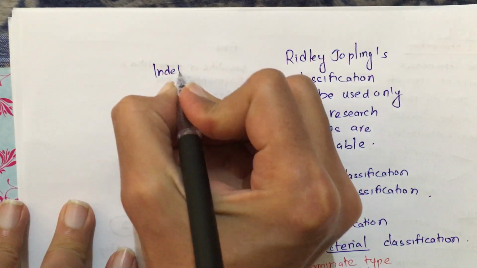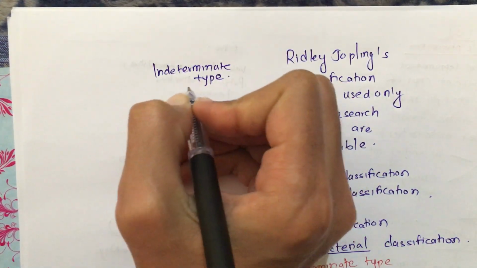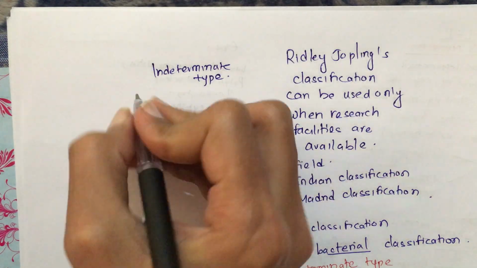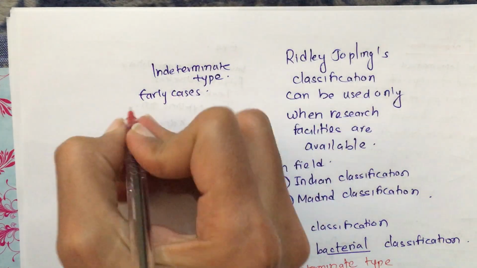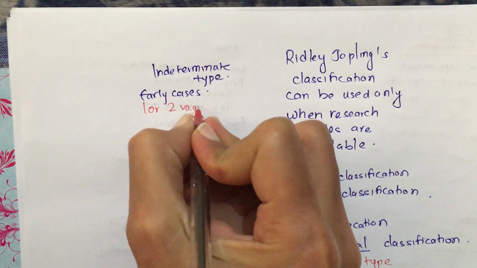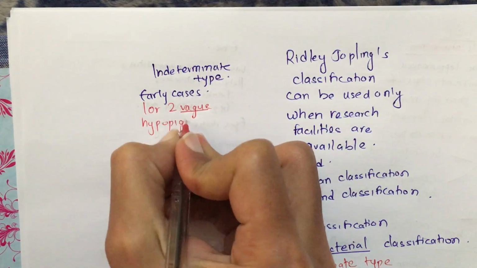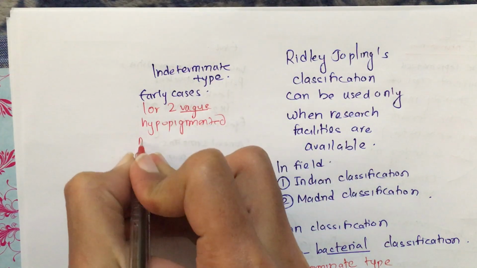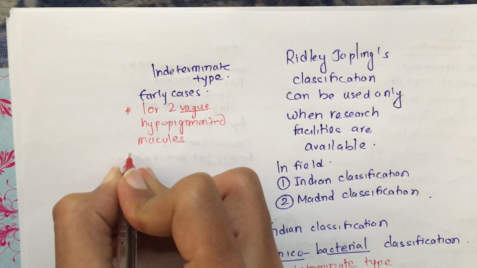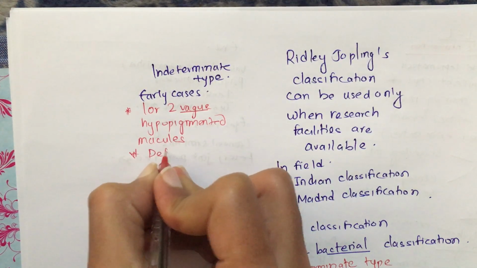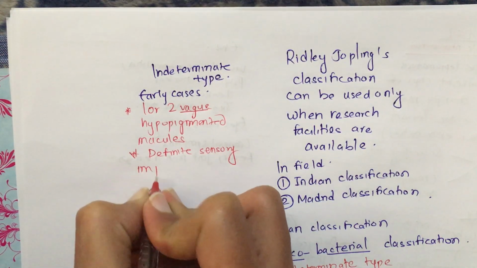First is the indeterminate type. This denotes the cases with one or two vague, meaning not clear, hypopigmented macules and definite sensory impairment.